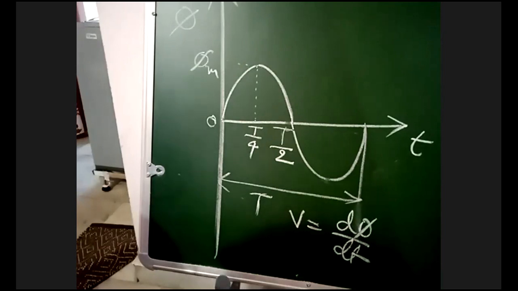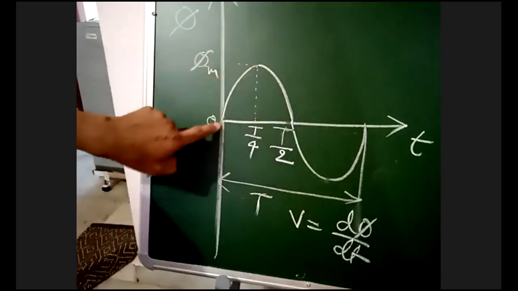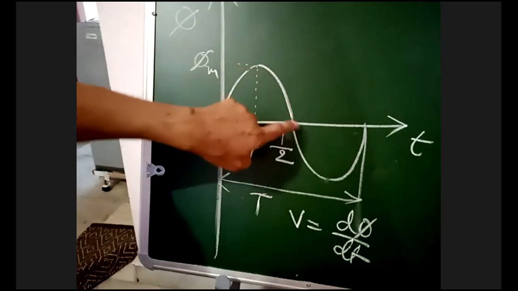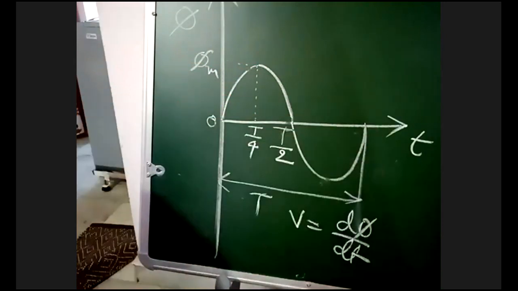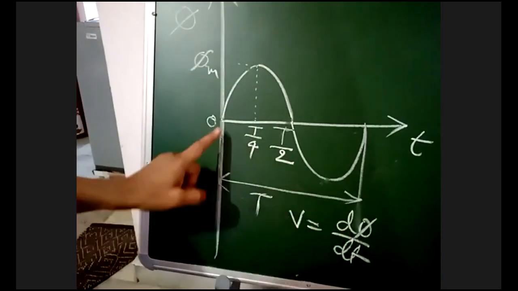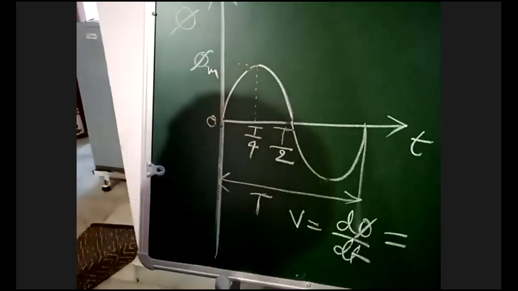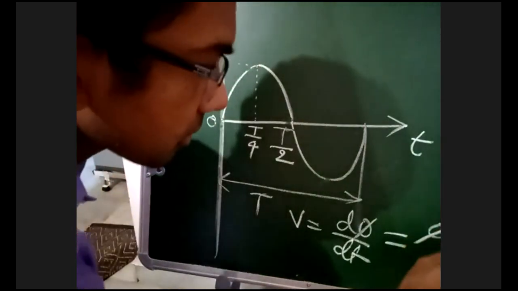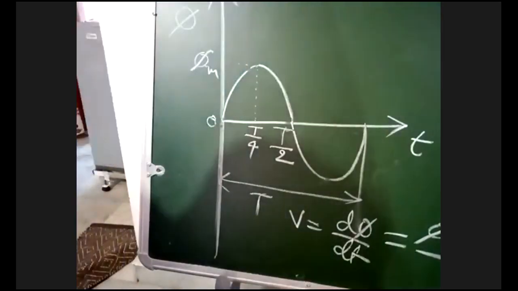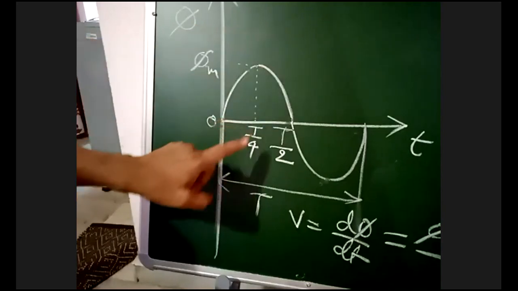Now see here, there are four variations: from 0 to maximum, maximum to 0, again 0 to maximum, again maximum to 0. I will take one variation, d phi. D phi is the change in the flux from 0 to T by 4, on the y-axis.